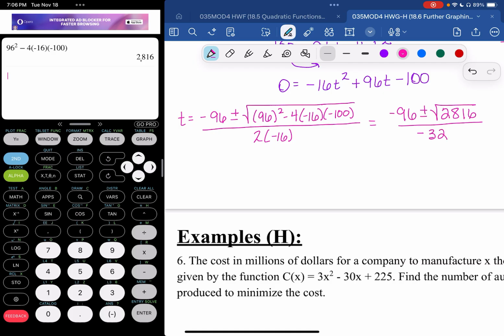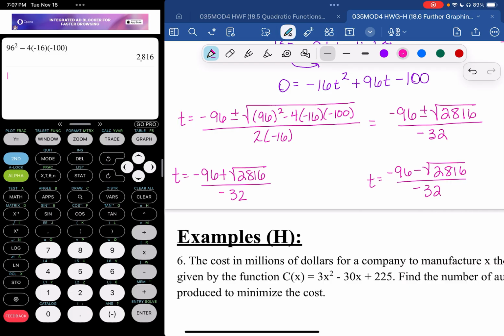And remember that plus or minus means it's two answers. So I've got t equals negative 96 plus the square root of 2,816 over negative 32, and t equals negative 96 minus the square root. And so now I can get my two answers.